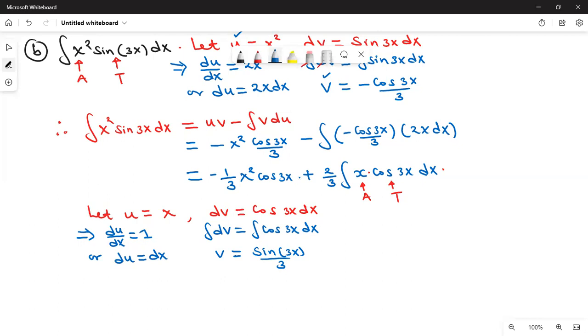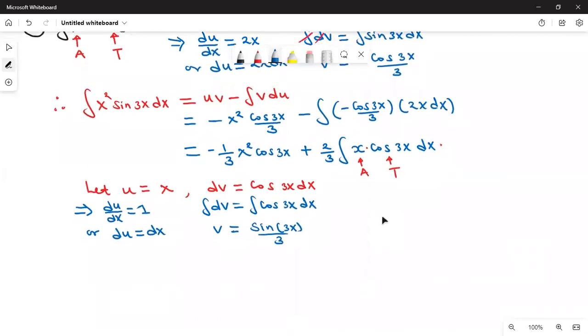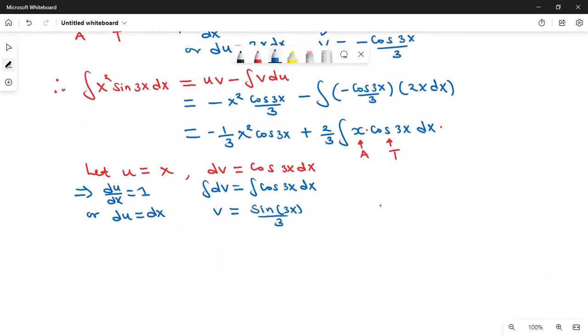So again, we work out this integral separately, and then we'll substitute our answer once we have the value here. I can call the whole of this equation, call it equation star, and we'll come back later.